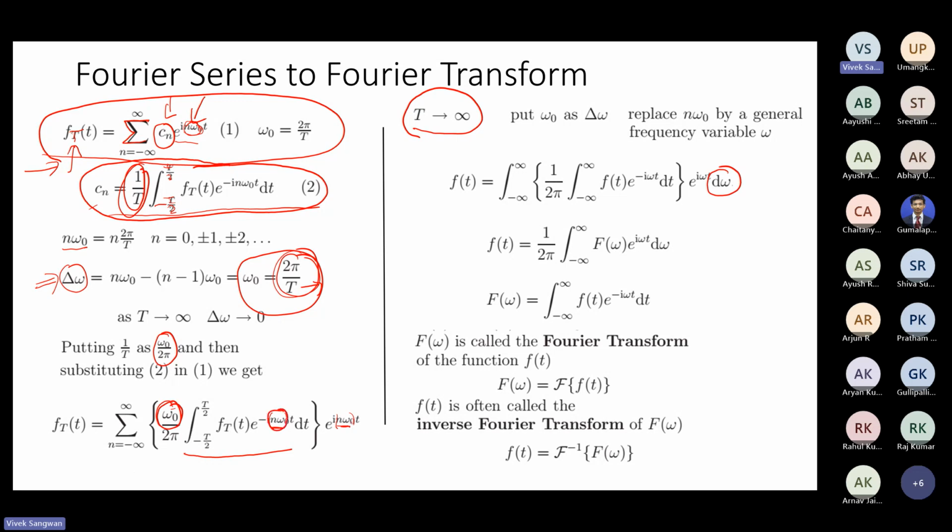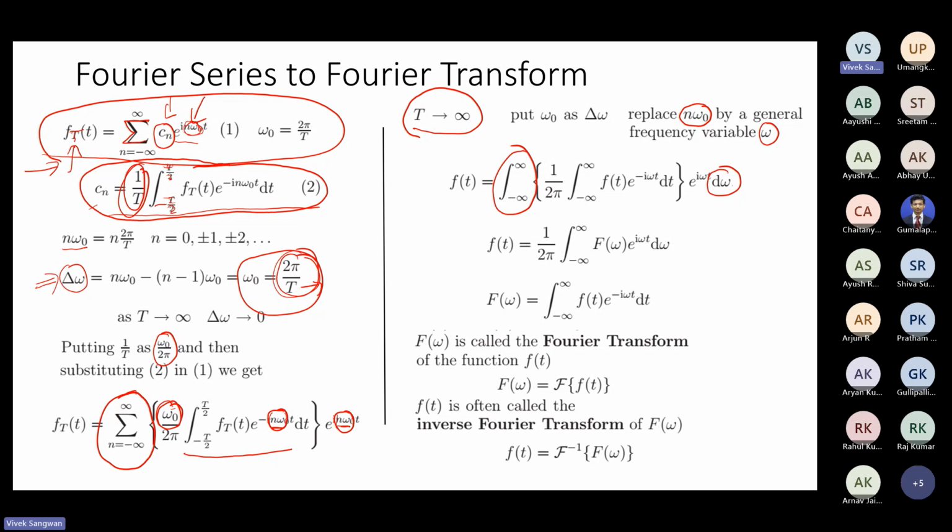These n omega 0, instead of being discrete frequencies, become essentially continuous, a continuously changing variable. We replace this n omega 0 by some continuously changing variable omega, and we change this summation to a continuous integration going from minus infinity to infinity.